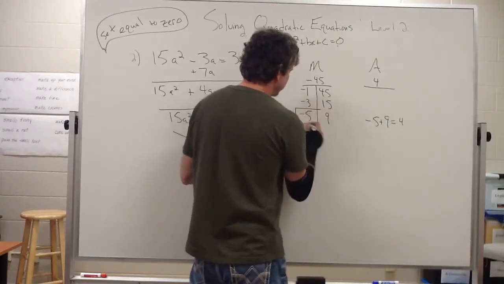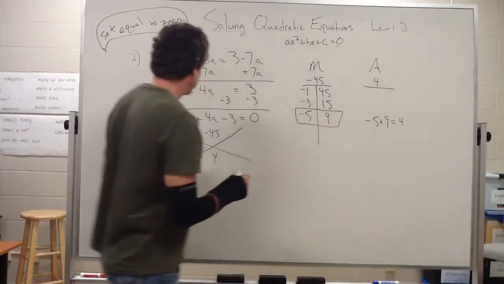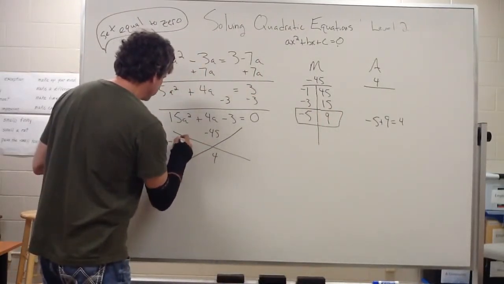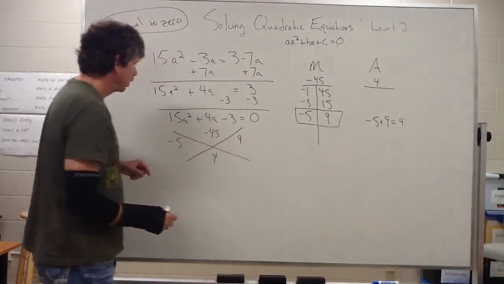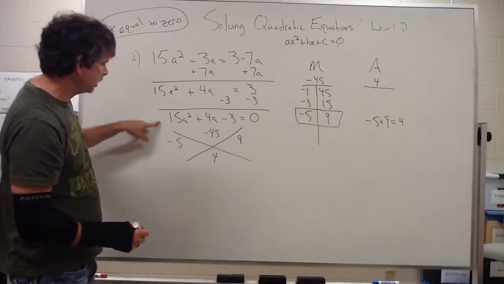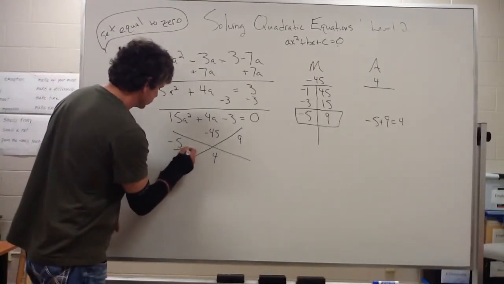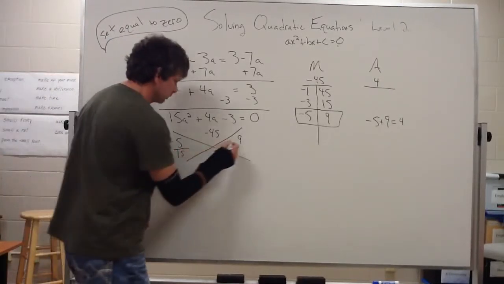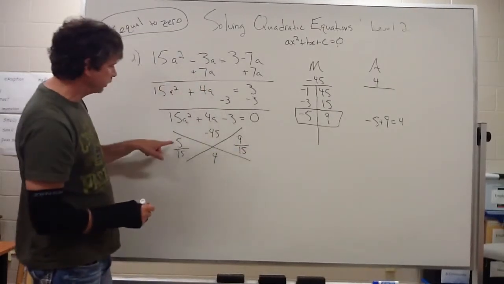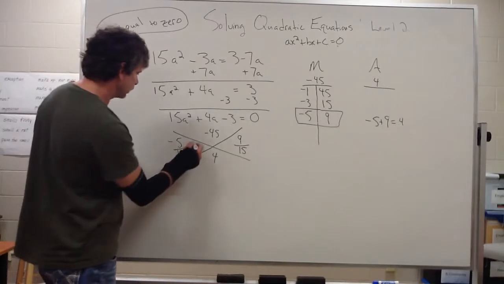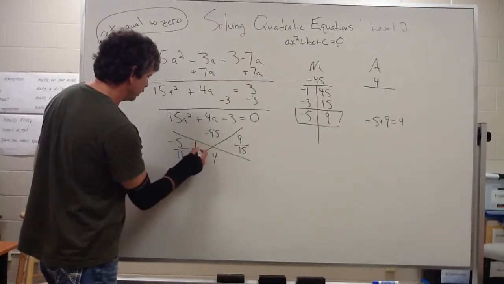So this completes my x factor strategy. This negative 5 will go over here, and this 9 goes over here. My last move is to slide the 15 underneath each piece. And we have to reduce these fractions. So that actually looks like that's going to reduce to a negative 1/3.